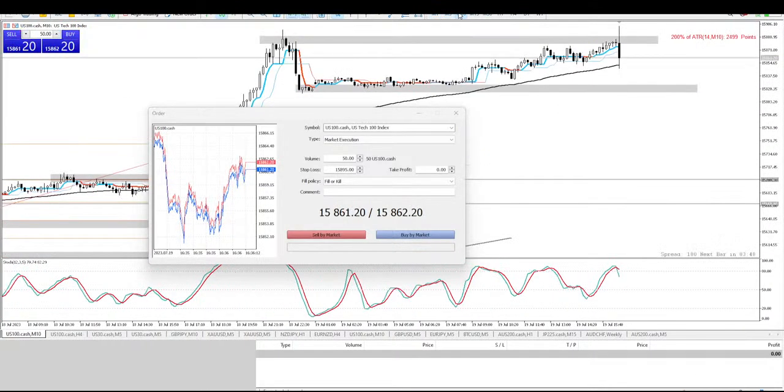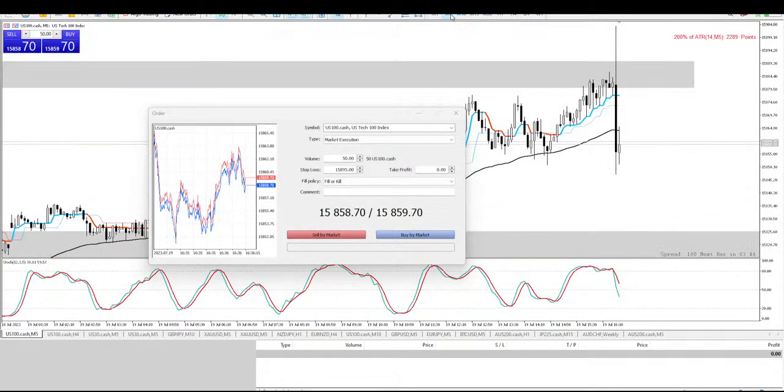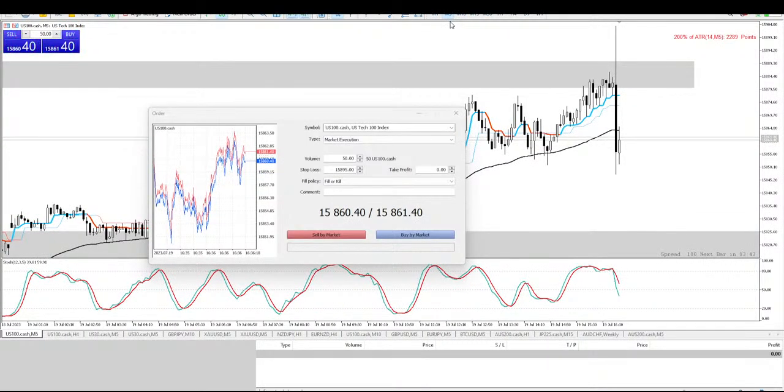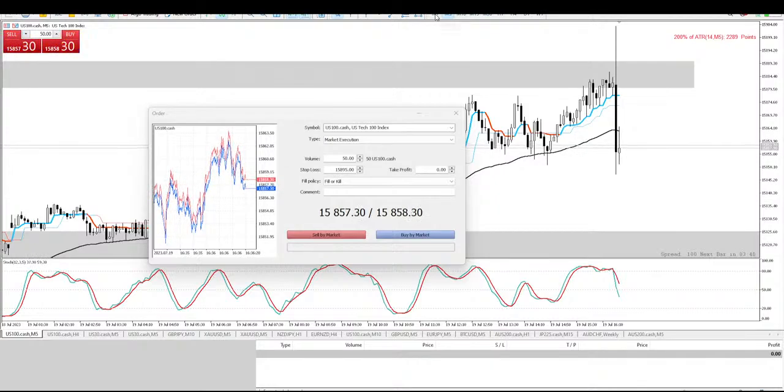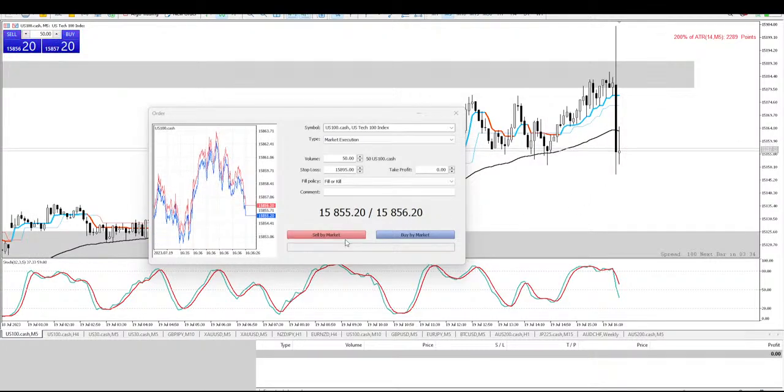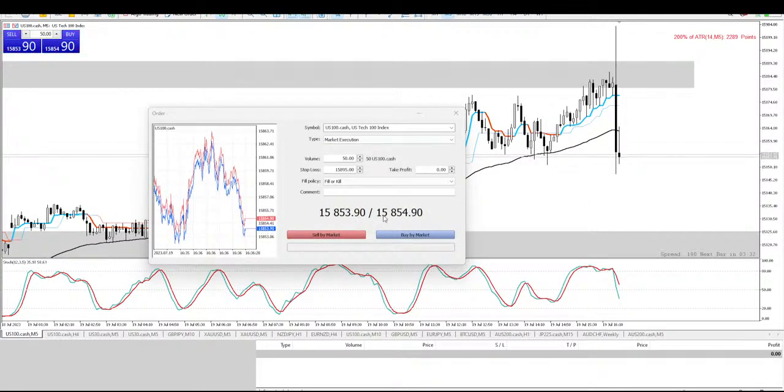Okay, guys, I'm gonna call this trade just now. We just gotta wait a little bit more. I'm not convinced of the move just yet. Okay, guys, let's take the sell.